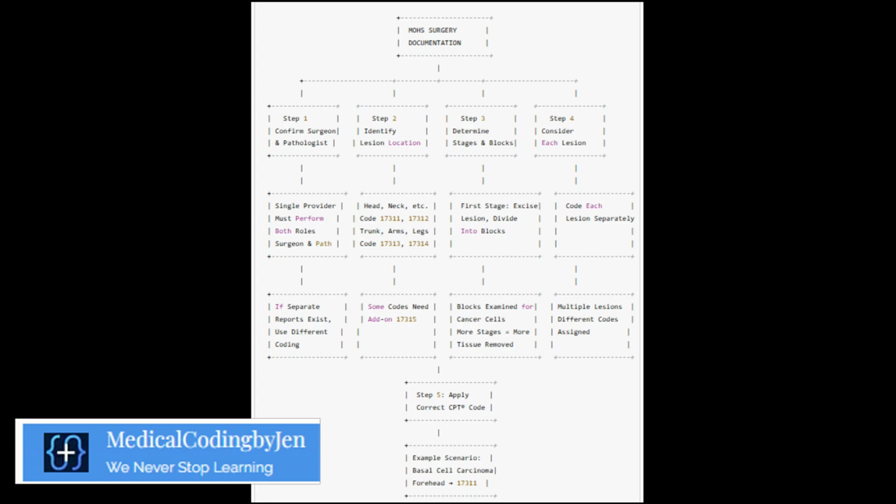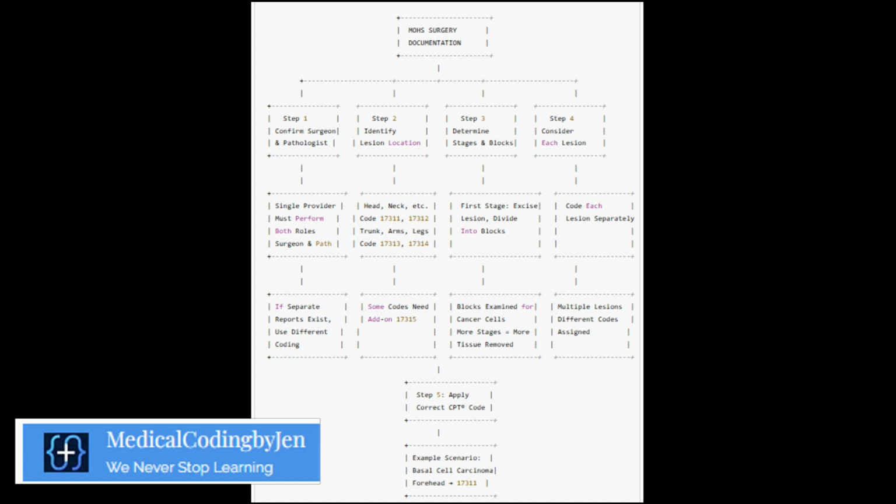Let's do another example together. The patient presents with a squamous cell carcinoma of the nose. After prepping the patient and site, the physician removes the carcinoma, first stage, and divides the stages into 6 tissue blocks for examination. Upon microscopic examination, the physician finds positive margins. He removes the positive margin with another excision, second stage, which is divided into 3 tissue blocks for examination.